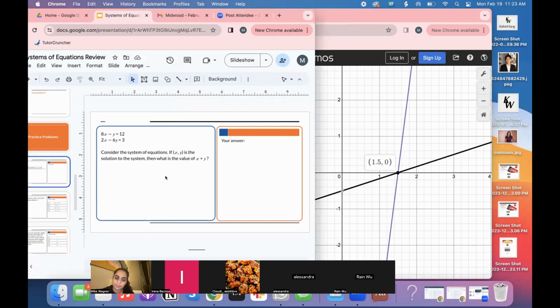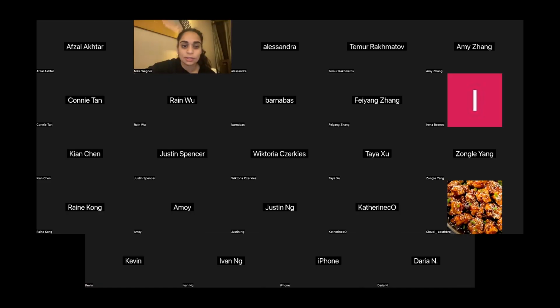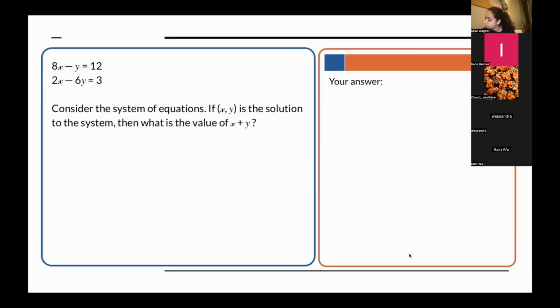I'm also just going to show it algebraically, just because I believe there's many, many ways to do math. I actually don't care how you do it, as long as you get it correct. So we have 8x minus y equals 12. When you look at it, you can substitute or you can eliminate. My preference in this case is elimination.